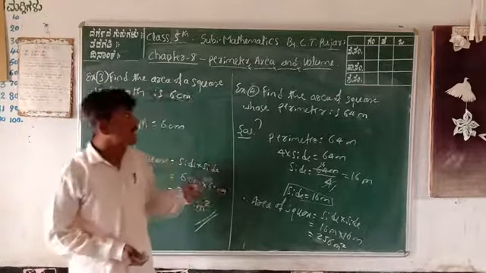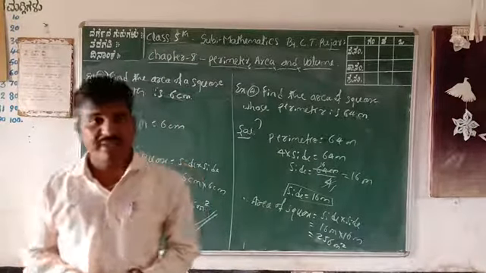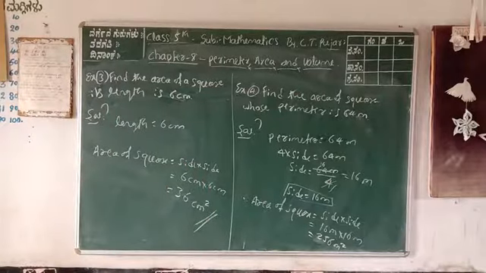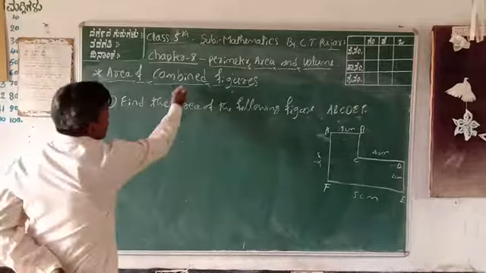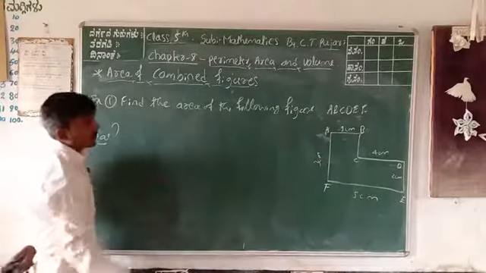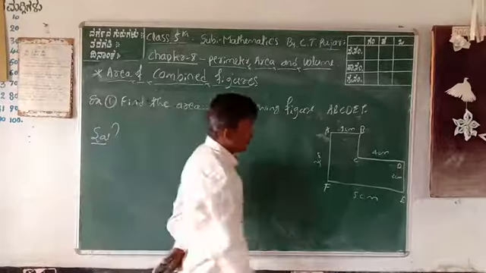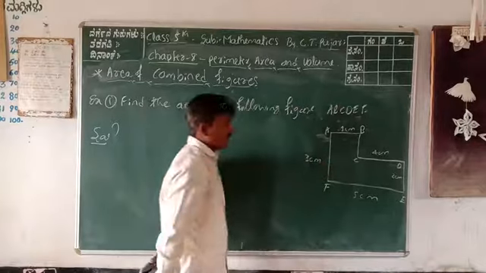Last question is on combining figures. Combining figures, find out the area. Find out the area of the combining figure. This is one combining figure, therefore 3 centimeter total is combining.